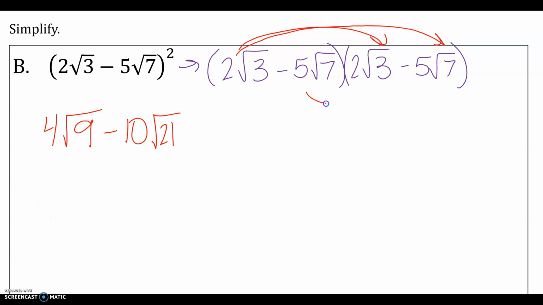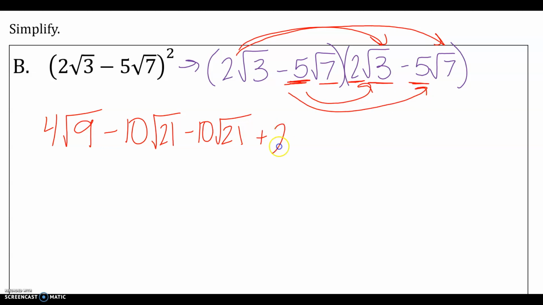So we have this arrow, so we have this number and this number, which is negative 10. We got radical 7 times radical 3, radical 21. Then we have positive 5 times 5, which makes 25, radical 7 times radical 7, radical 49.